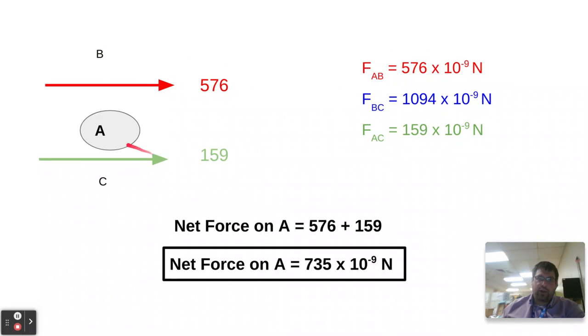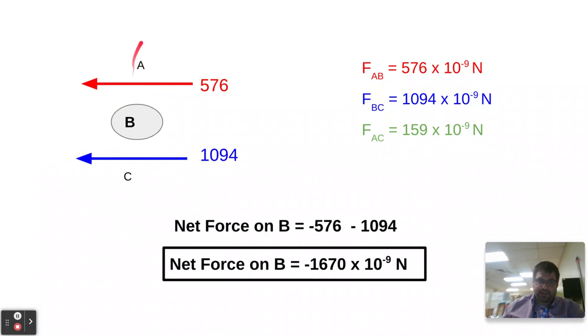The green arrow has a value of 159. They're both going to the right. They're both going to be positive. So to find the net force, I just add those numbers. And if you add those numbers, you get 735. That's my final answer, so I can add the 10 to the negative 9 back in newtons. So the total force on A is 735 times 10 to the negative 9. A, if we let it go, is very clearly going to go to the right.